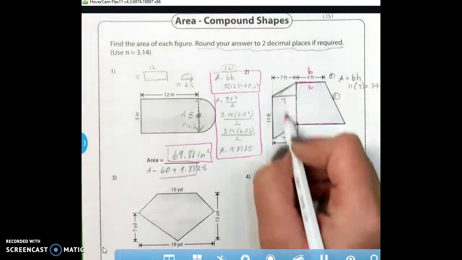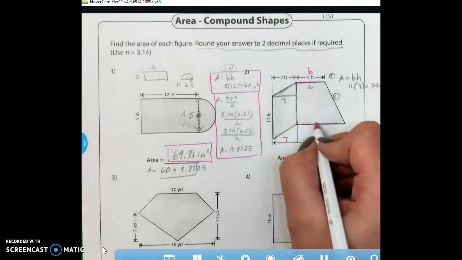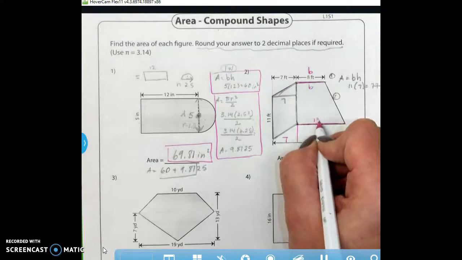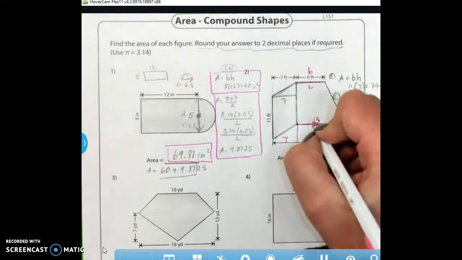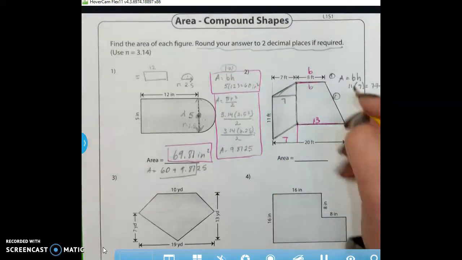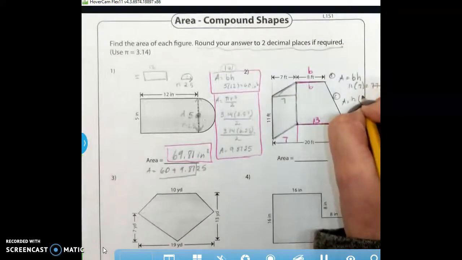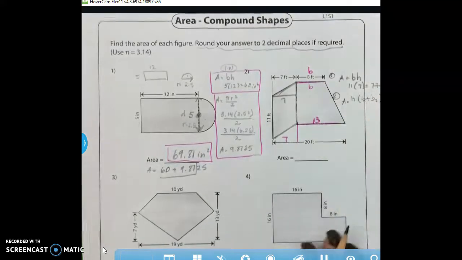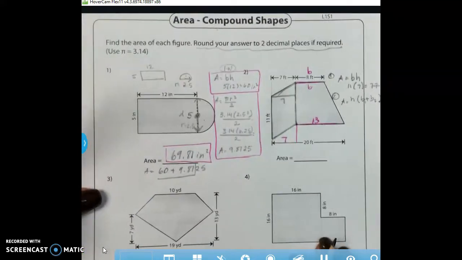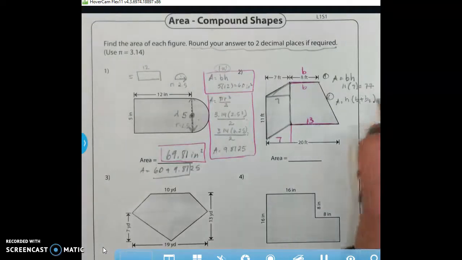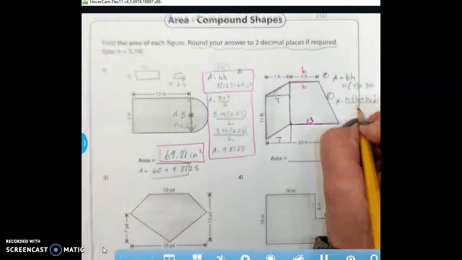We already used it for our parallelogram. That means this base number 2 would be 13. So let's make sure we remember the area. It's height times base 1 plus base 2. There's two bases. It does not matter which one you call first or second. And then we're dividing by 2.